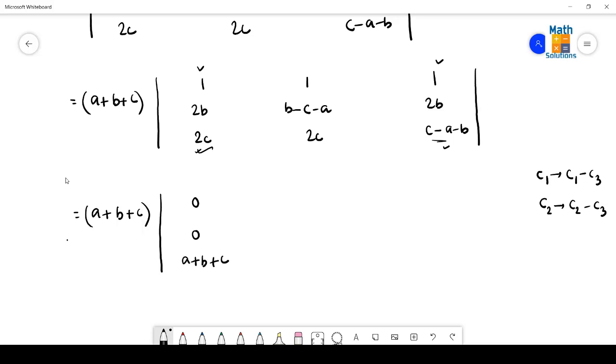At the same time I am subtracting the third column from the second one. So here it will be 0.